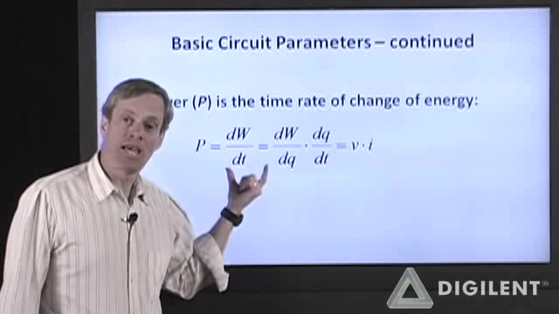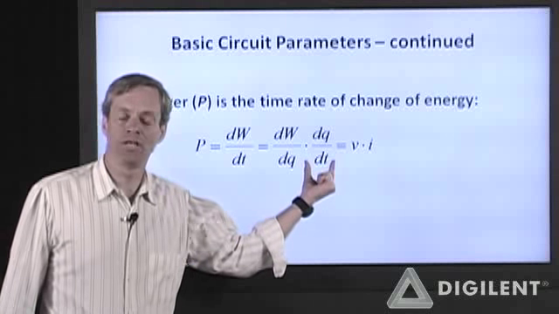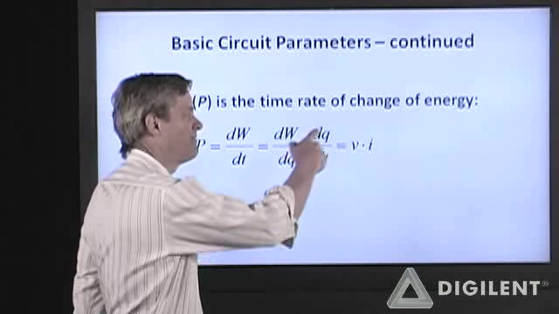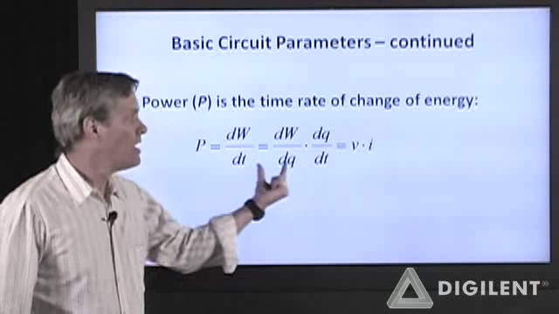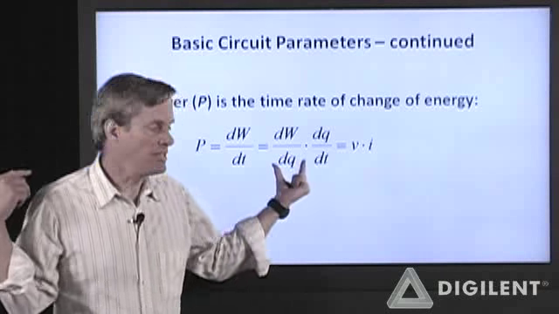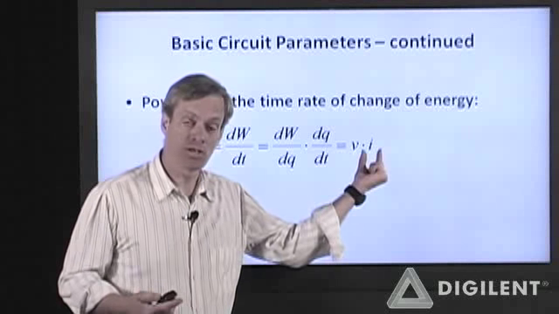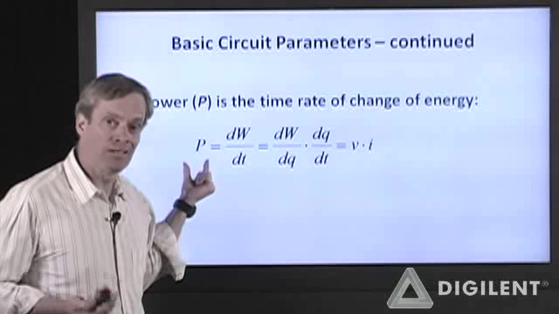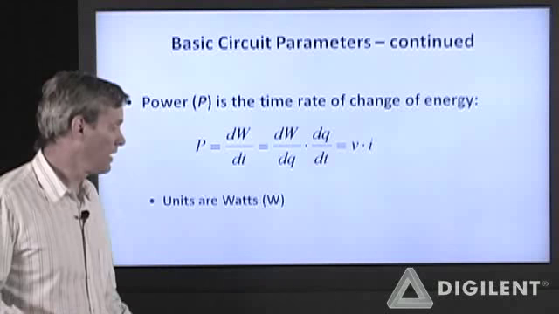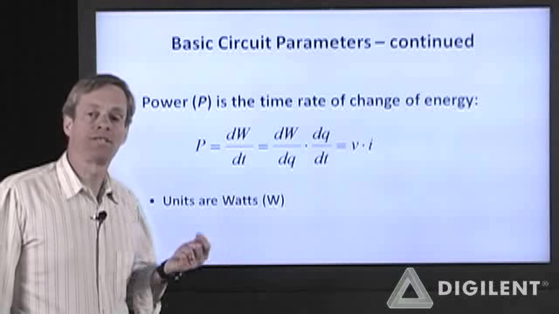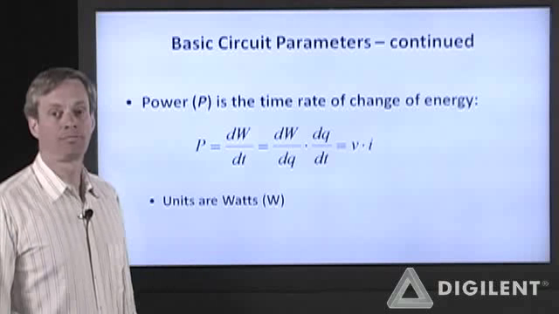Now I can use the chain rule to expand this into dW/dq times dq/dt, and I can think of the dq's as canceling through a multiplicative process. dW/dq was previously defined as voltage, dq/dt was previously defined as current, so power in the electrical world is voltage times current. The units of power are watts, consistent with what you've used previously to represent power.